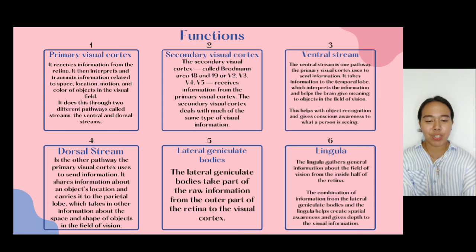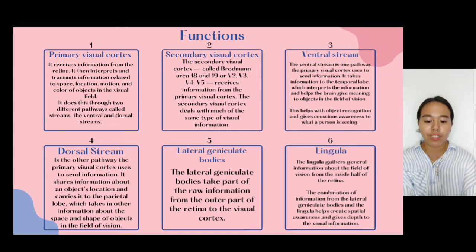Next is the dorsal stream. It is the other pathway the primary visual cortex uses to send information. It shares information about an object's location and carries it to the parietal lobe, which takes in other information about the space and shape of objects in the field of vision.